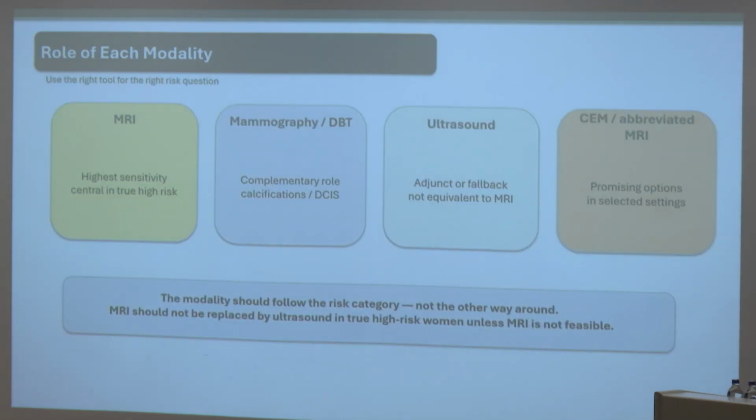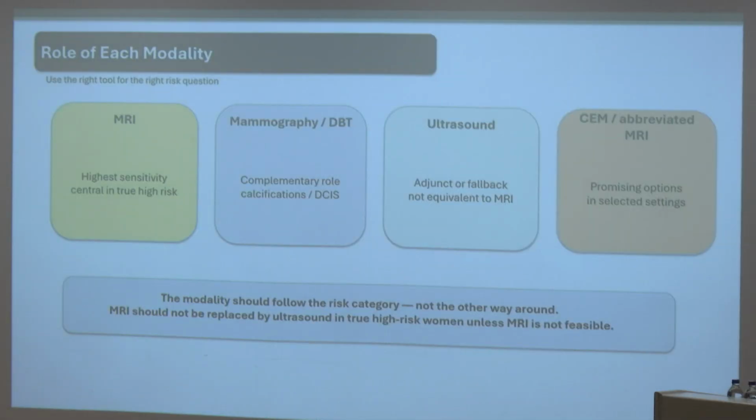The MRI, I have already said, the mammography DBT, about the calcifications for DCIS, the ultrasound we have already said, and the other one, which is now in the, what is the contrast mammography and the abbreviated MRI.